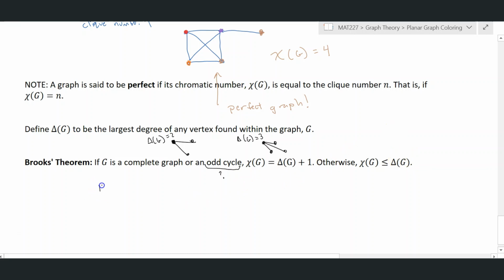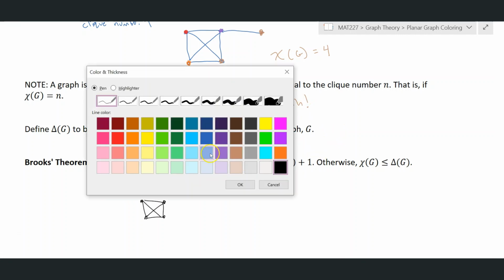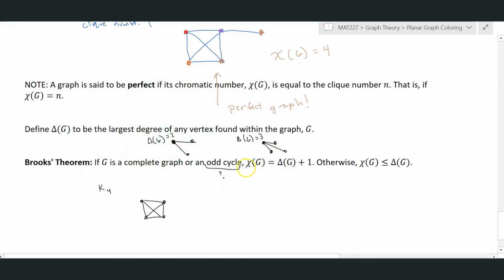If the graph is complete, if it's a K4, let's say, we're saying that this is going to require a total of delta G plus 1 total colors. Now, remember, delta G just means the largest degree found in the graph.